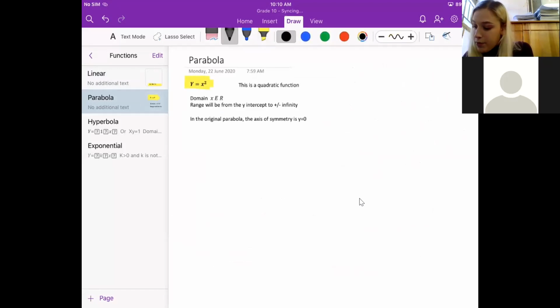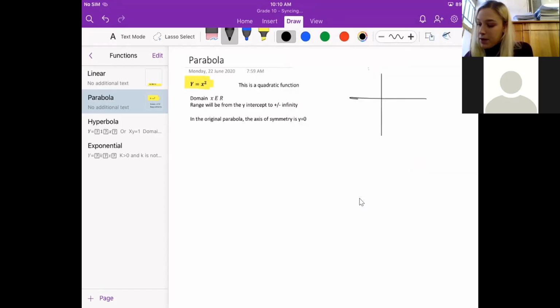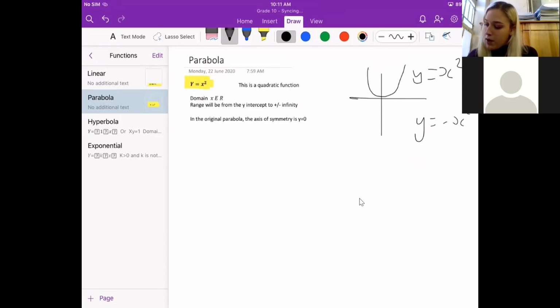So if we remember, our parabola is going to be a function like that if we have y is equal to x squared. If we have y is equal to negative x squared, we have a parabola that looks like that. Okay, a downward parabola.